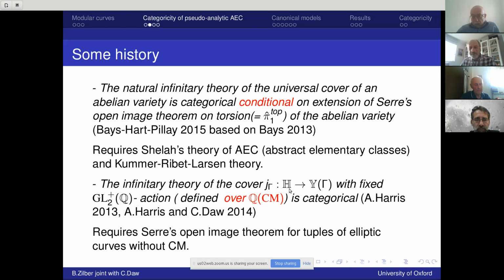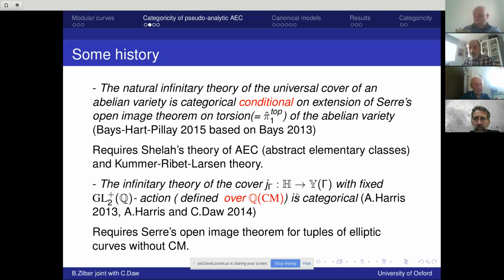And part of this project was carried out, but it is also only a partial result, quite similar to this one, because they didn't know the analog of the Serre open image theorem.